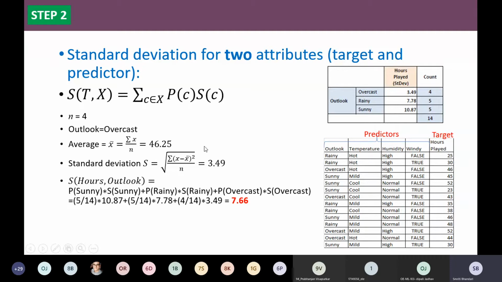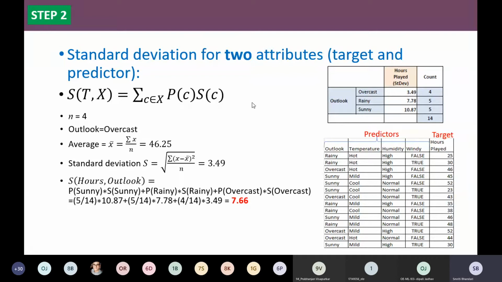And the formula that we are making use of is S of t comma x, where t is the target and x is the attribute under consideration, equal to summation over c belongs to x, p of c into s of c.